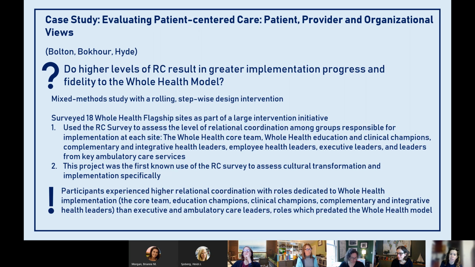So this first team looked at levels of RC amongst groups that were implementing a whole health initiative. I think it says at 18 sites. This is part of a large intervention initiative. And so they talk about how the initiative requires coordination amongst clinical, administrative, and leadership stakeholders.